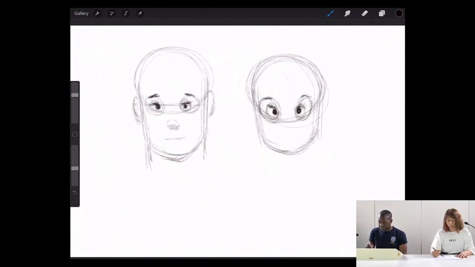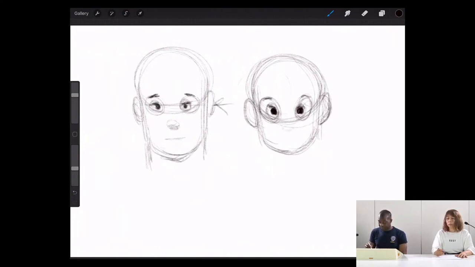So generally speaking, the eyes are almost a third of the proportions of the head, as opposed to what we have over here.